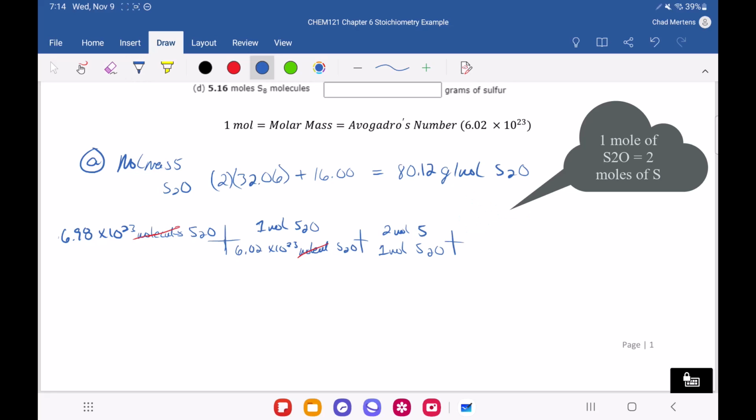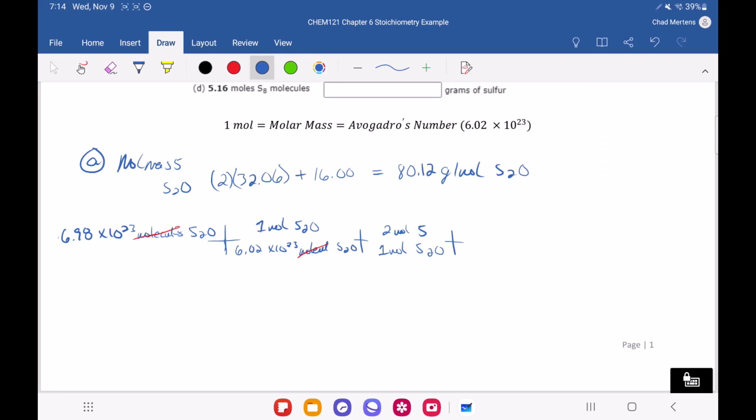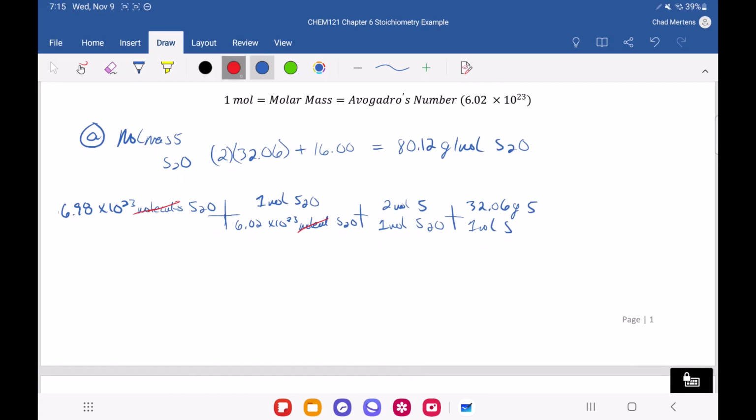So now that we have it in moles of sulfur, we can put it in grams to end our equation. So we use 1 mole of sulfur is equal to the molar mass, so 32.06 grams of sulfur. If we go back, we can see that our molecules will cancel, our moles will cancel again, and we're left in grams of sulfur.